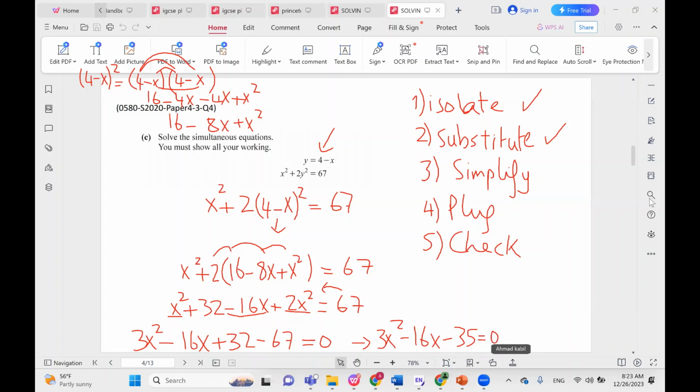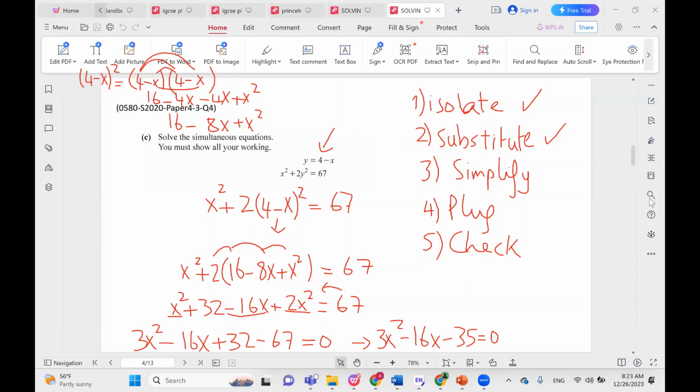Now, since you have access to your calculator, you can just do mode 5-3 and plug the 3 values in and find the answers. So let me go ahead and do that. I'm going to use the calculator. I'm going to write 3 for A, negative 16 for B, and negative 35 for C. And the calculator found 2 values for X, negative 5 over 3 and 7.